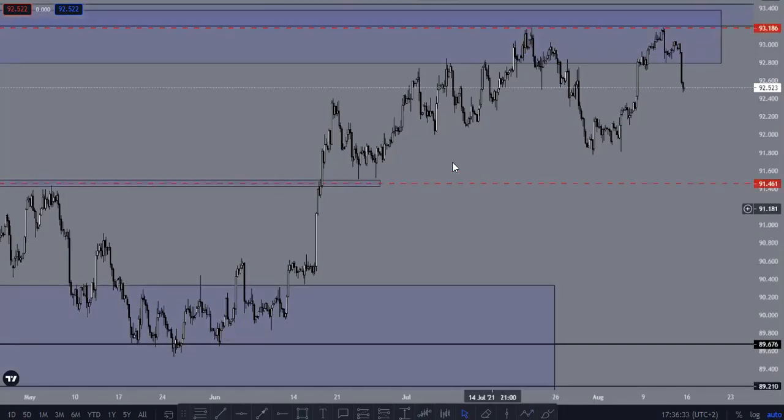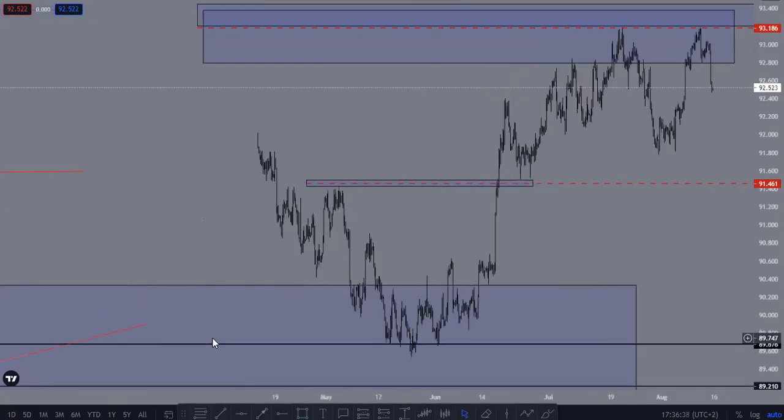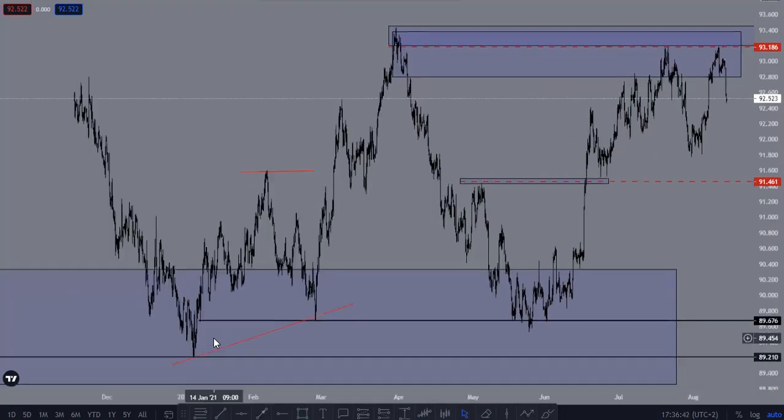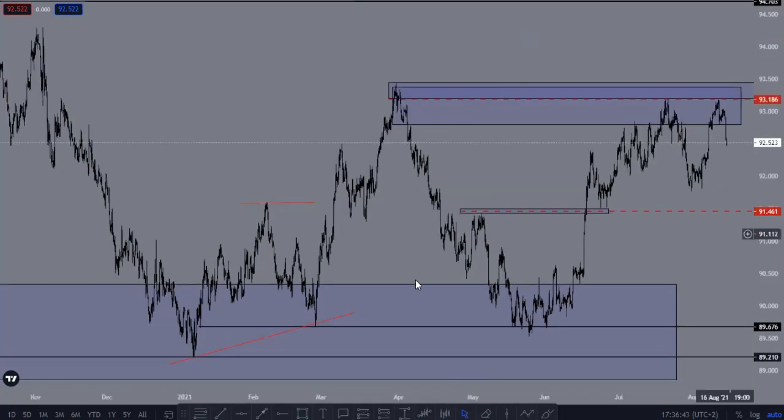We had price create these lows over here, and before that, I just want to point something out quick. Actually, I'm going to leave this structural pattern alone. I just wanted to show you guys how you'd have caught this. I'm not sure how many pips it was, maybe even 300 pips.